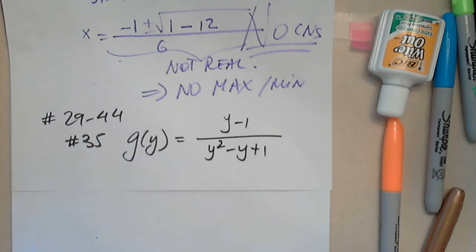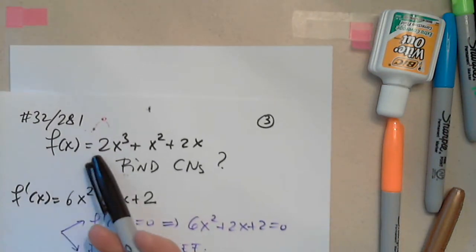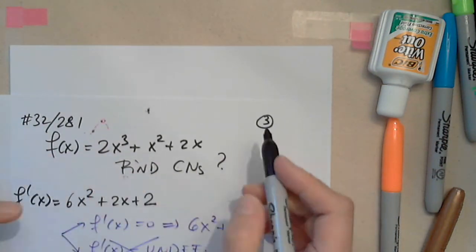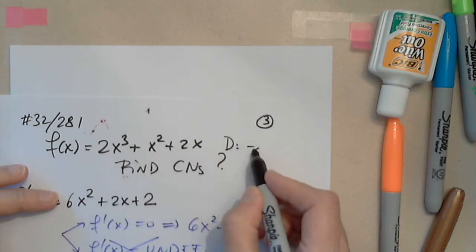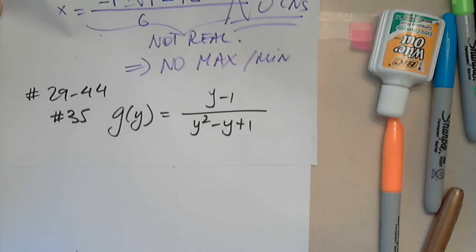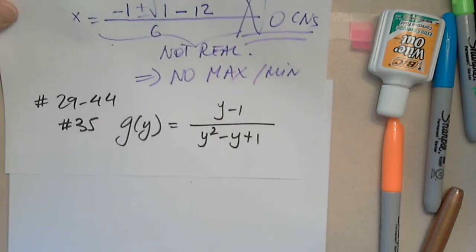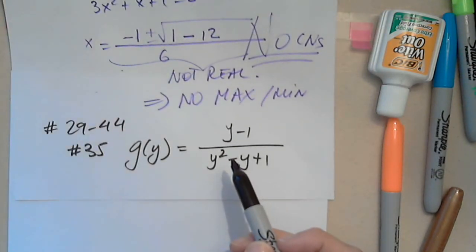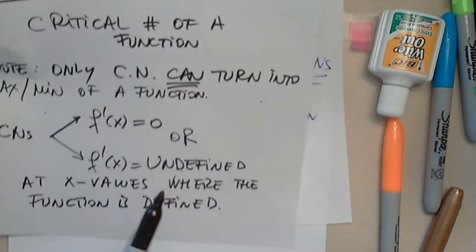On the previous problem, I did not ask you about the domain because we know the domain of a polynomial function is all real numbers. But here, I do have to look at the domain. And the reason is this.